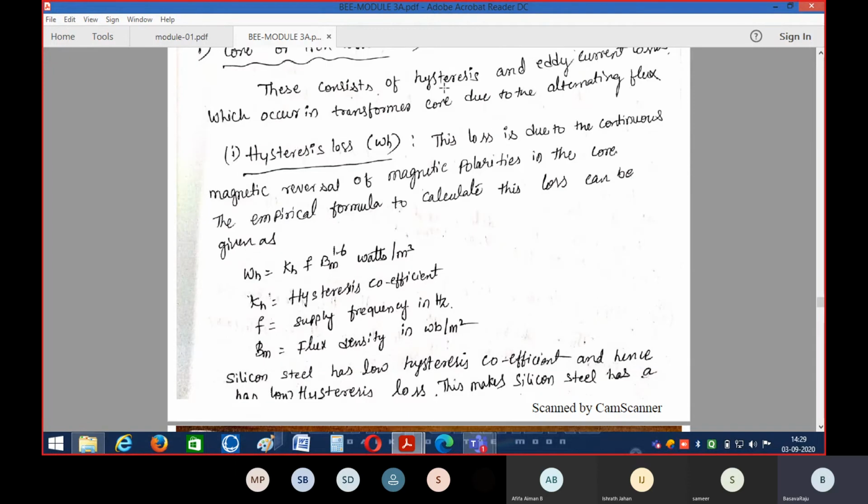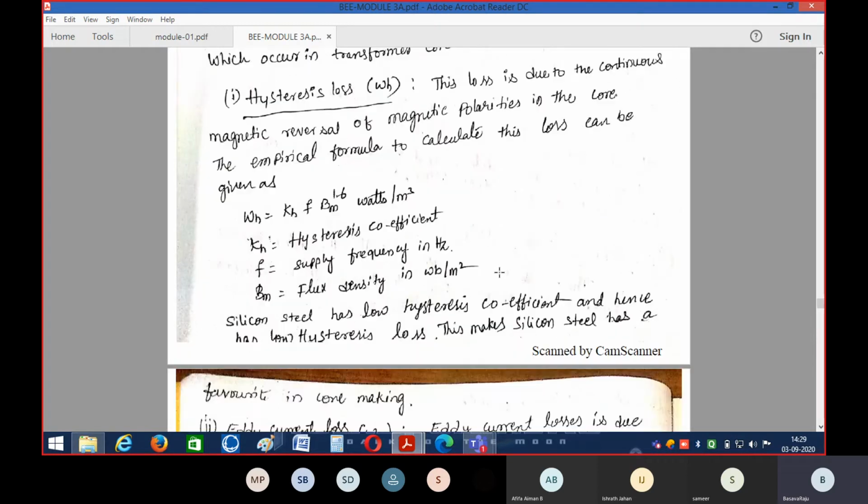Now first let me explain hysteresis loss. This is the loss due to continuous magnetic reversal of the magnetic polarities in the transformer core, and the formula to calculate it is WH equals KH into F into B maximum power 1.6 watts per meter cube.